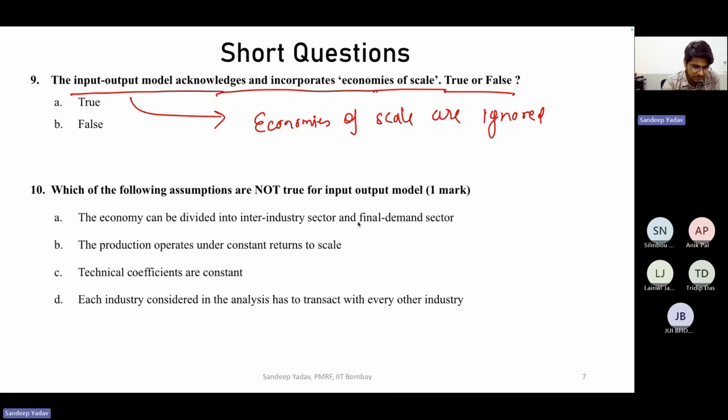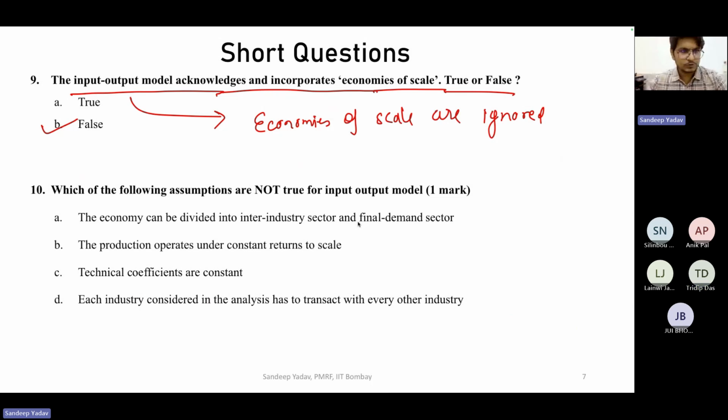So that statement about incorporating them must be false. Correct? Oh, it's good that you're trying at least, so that you'll understand where things are going wrong.